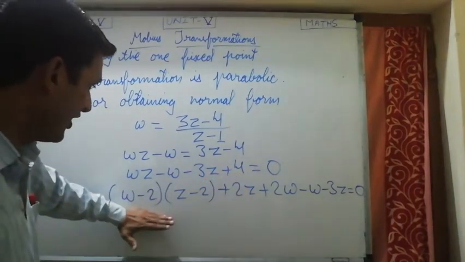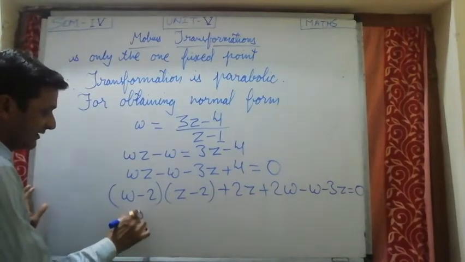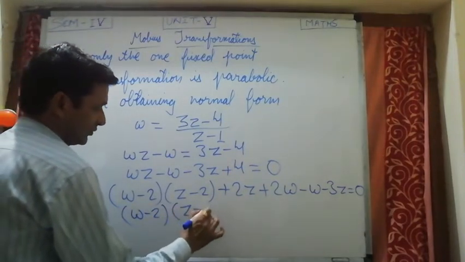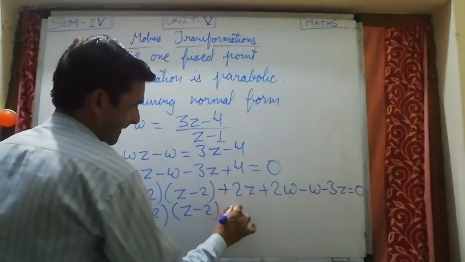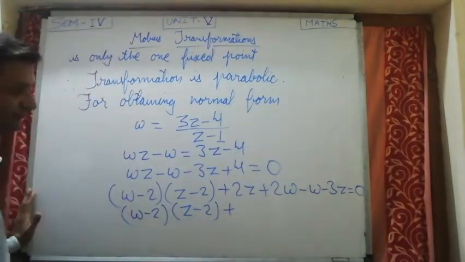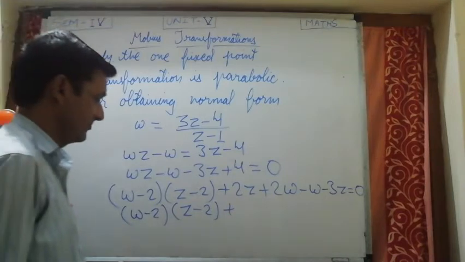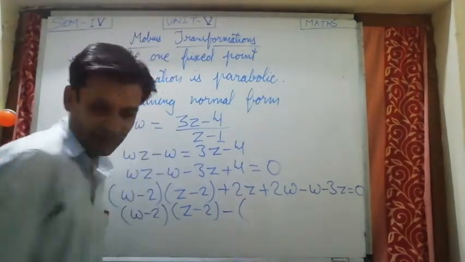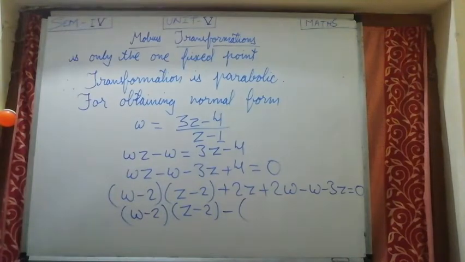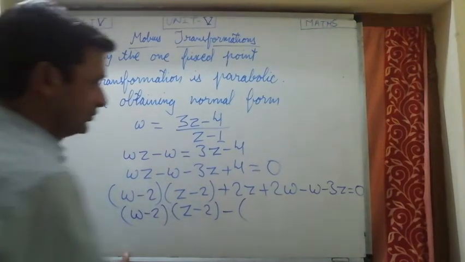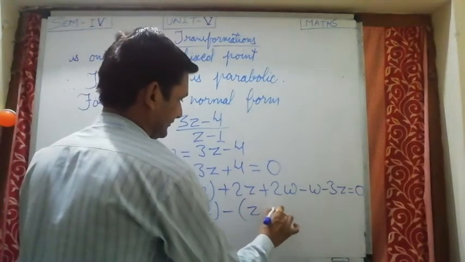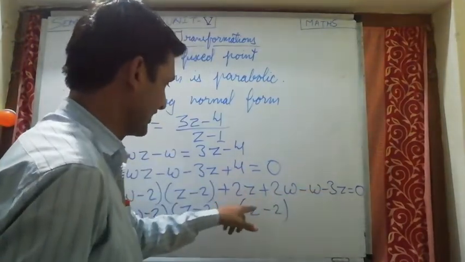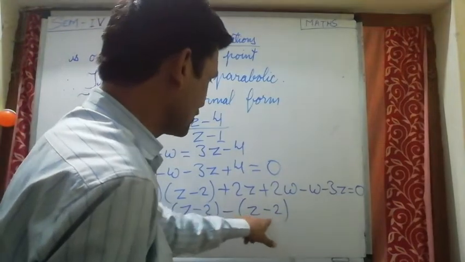So in this form we have to write it first of all, and then (w - 2)(z - 2) plus, if we are taking the minus sign common, we can take the minus sign common here, z - 2, because -3z plus 2z, so it will be z - 2.